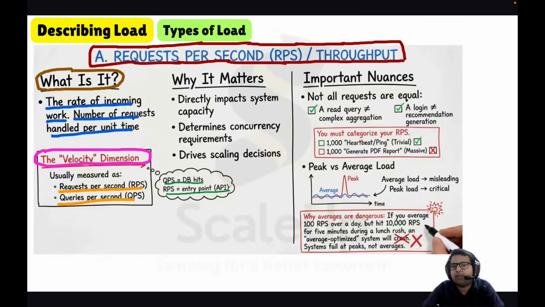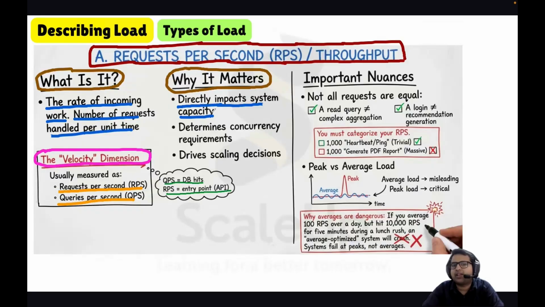So queries per second is usually used in the scenario of database hits, and requests per second refers to hitting the API endpoints. Now let us try to understand why this throughput matters. Requests per second directly impacts the system capacity. If a system can handle more requests per second, it means it has more capacity.